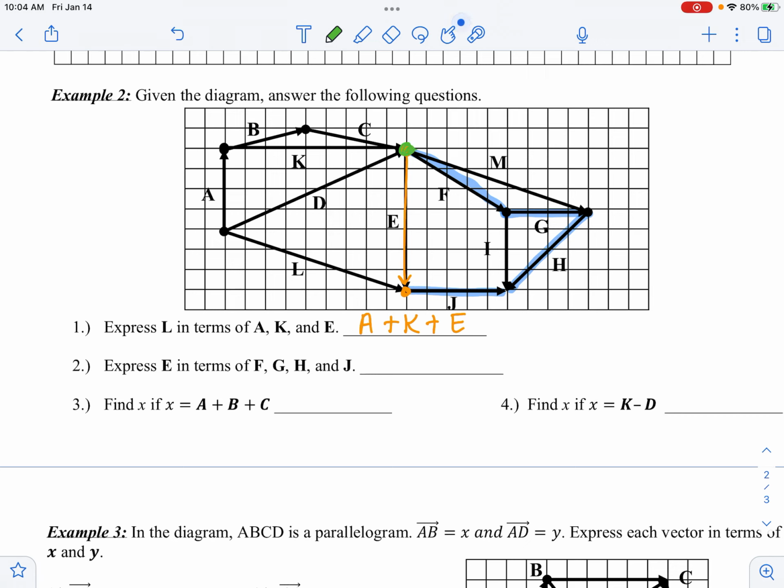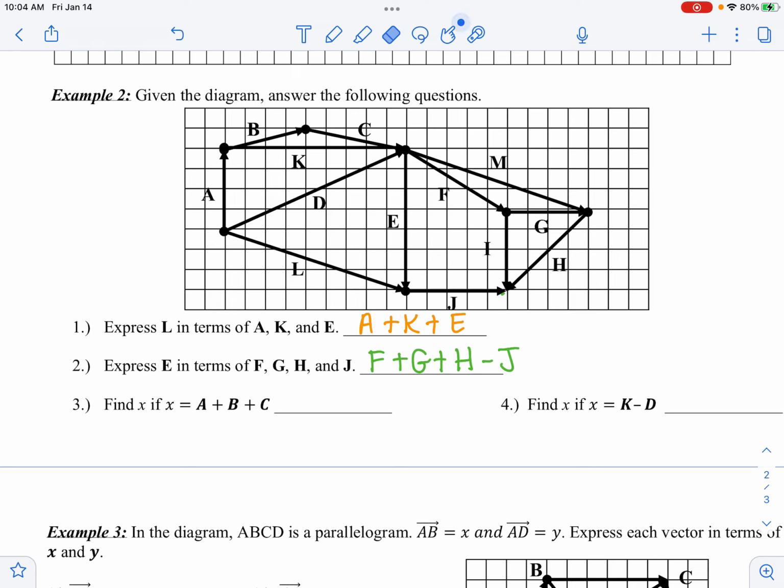All right, so it starts here, and I have to follow this path first, which is F, and it's in the right direction, so it's just F. And then I'm going to follow this path right here, and that's G, and it's in the proper direction, so plus G. Then I'm going to follow this path right here, and that's H, and it's in the right direction, so it's plus H. And then I'm going to follow this path right here, which is in the wrong direction, so it's the opposite of J, so minus J.